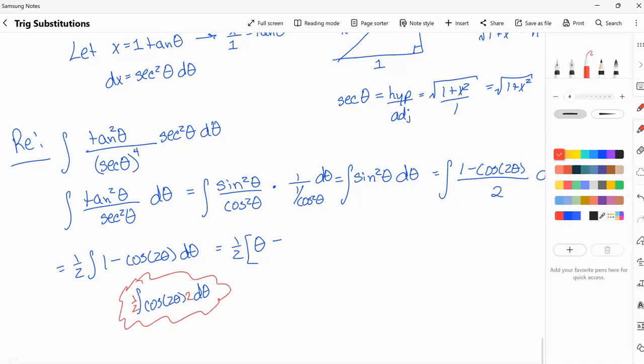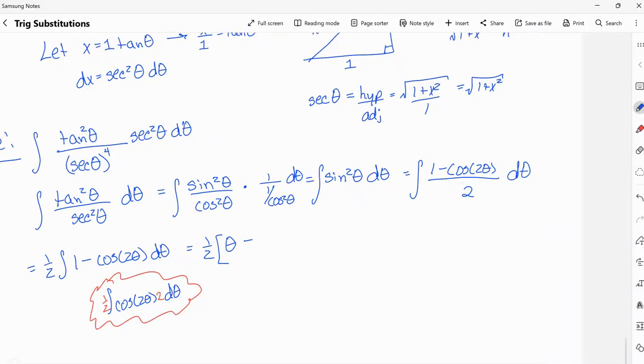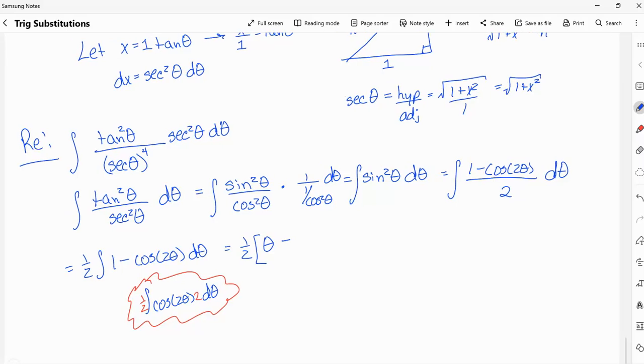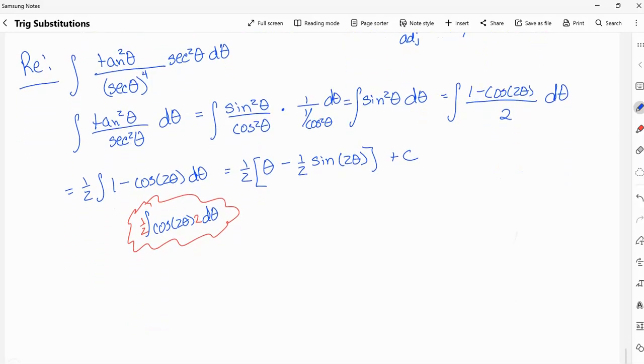So this is like my little thought bubble for integrating that. And when I integrate cosine, I get sine. I'm going to distribute that 1/2. So I'm going to have theta over 2 minus 1/4 sine of 2 theta plus c.